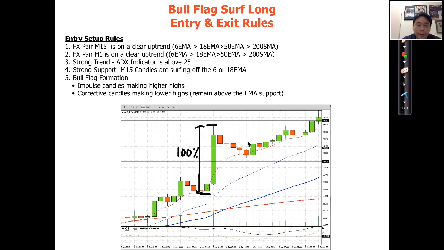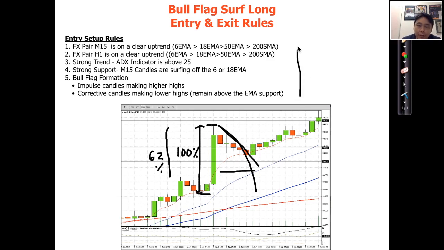Ideally, I want to see that the corrective candles retrace no more than about 62% of the impulsive wave, right? So if it goes up 100% and goes back down 100%, that's not a good bull flag. I want to see that.